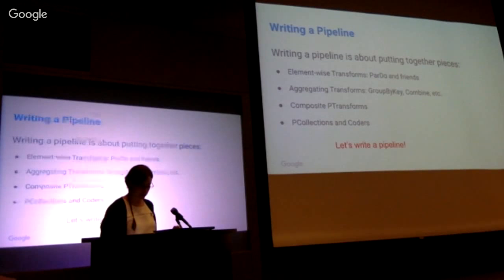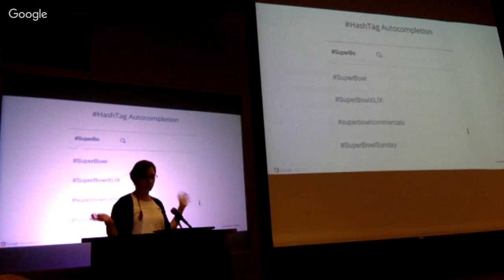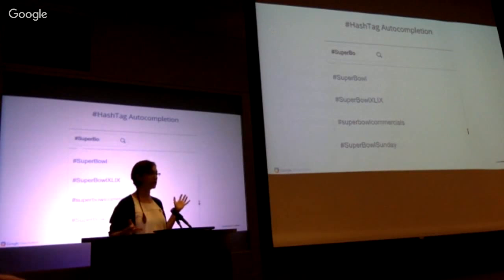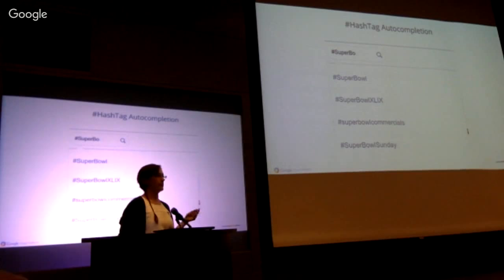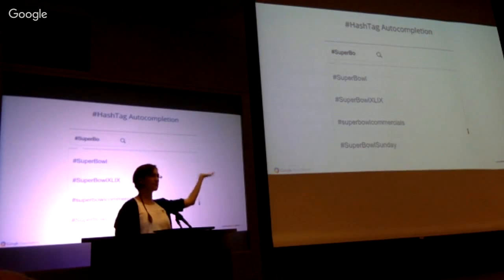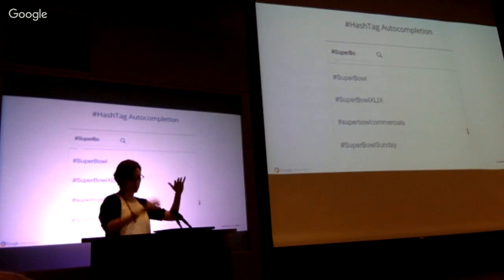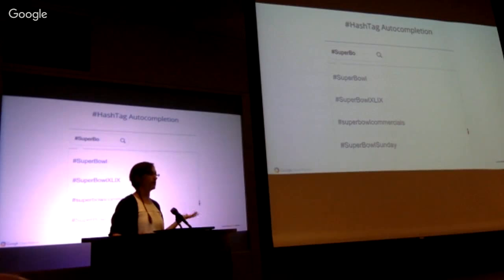So let's write a pipeline. How many of you know about hashtag autocompletion? You know, you start typing and it completes. Familiar? Okay. So what does it take to write something that comes up with the model that allows us to autocomplete? I'm typing, in this case, Super Bowl, and I started Super BO, and I get all these suggestions for it.